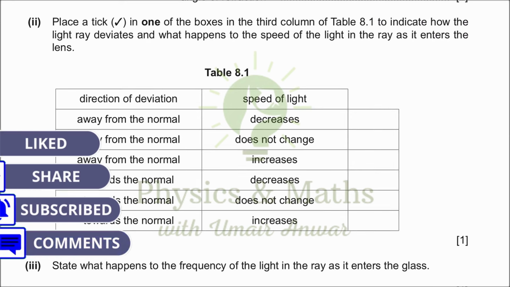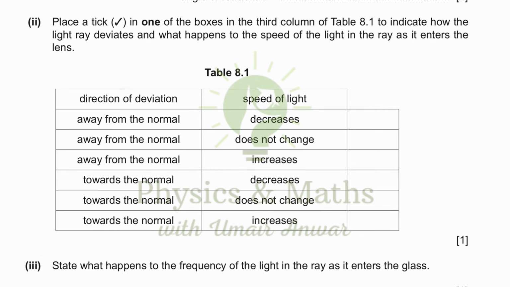Place a tick in one of the boxes in the third column of table 8.1 to indicate how the light ray deviates and what happens to the speed of the light in the ray as it enters the lens.